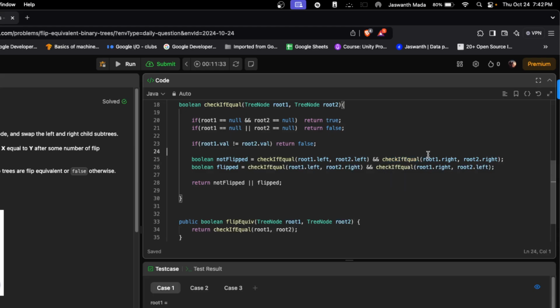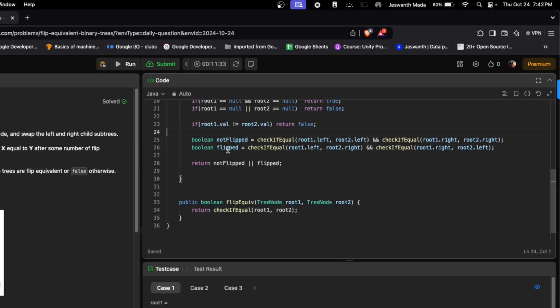At the same time, I'm going to check the right subtree of root 1 and the right subtree of root 2, right? Or if the tree is flipped, I'm going to check the left subtree of root 1 with the right subtree of root 2, and the right subtree of root 1 with the left subtree of root 2.